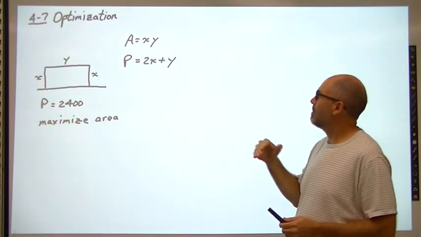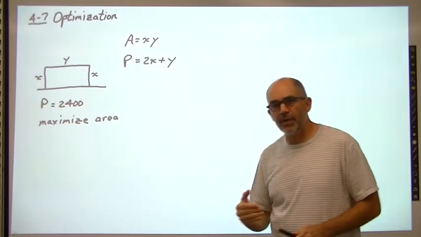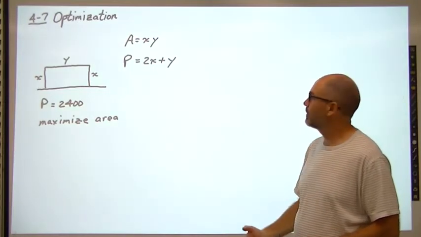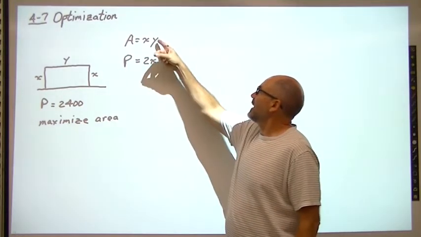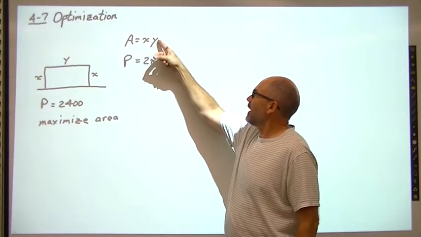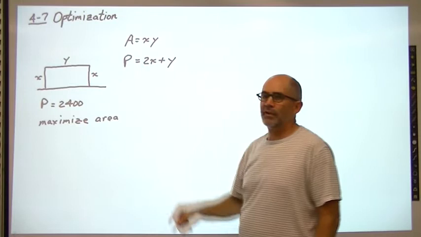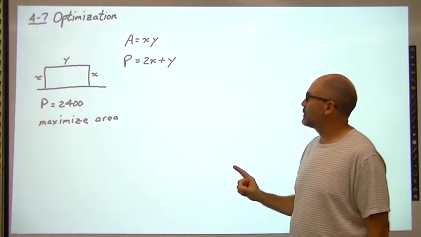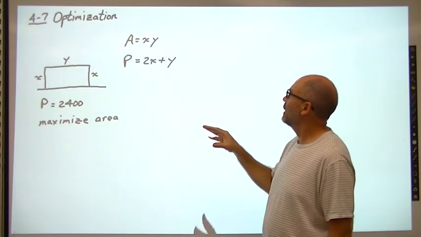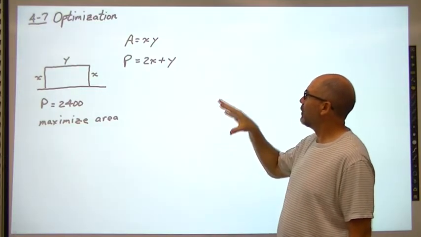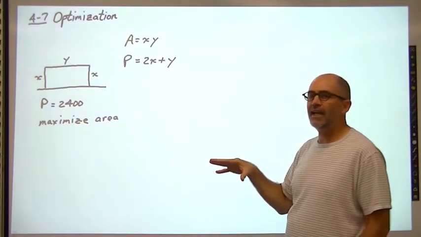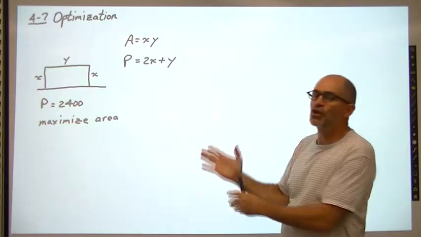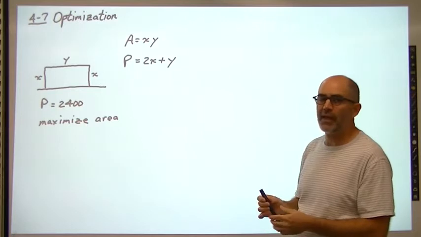Well, the maximum area is going to be where the derivative of area equals 0. But see, we can't do the derivative of area if we have 2 variables. We only want 1 variable. So what we have to do is choose either x or y, and if we choose x, then we want to solve for y in terms of x.